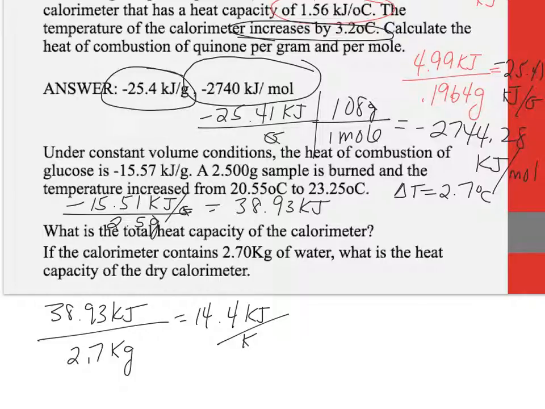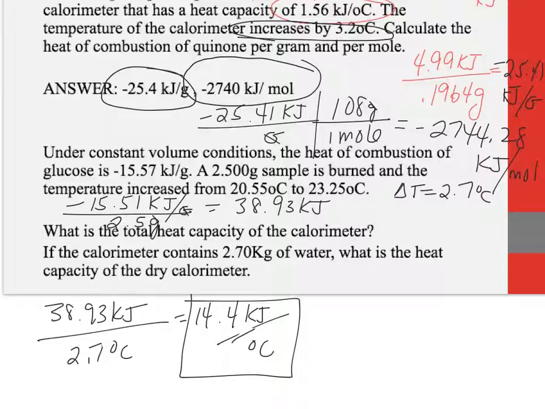Oops, sorry, not kilograms, Celsius. Kilojoules per degree Celsius. Okay. So this is going to be our total heat capacity of the calorimeter.